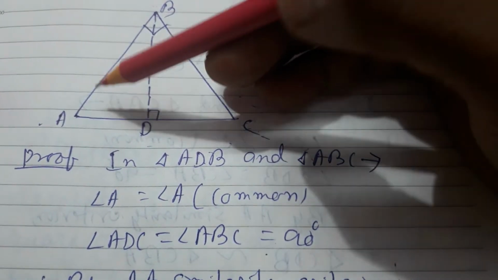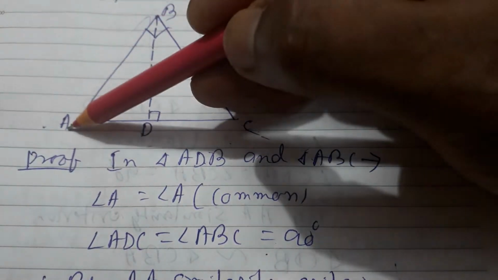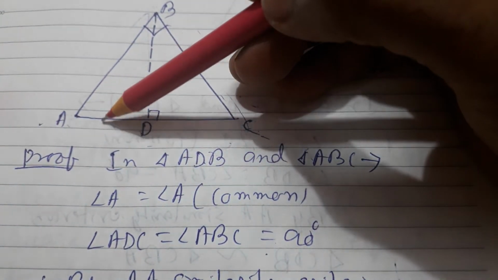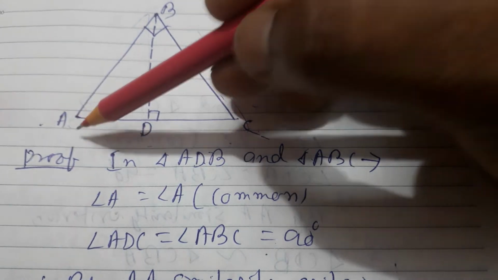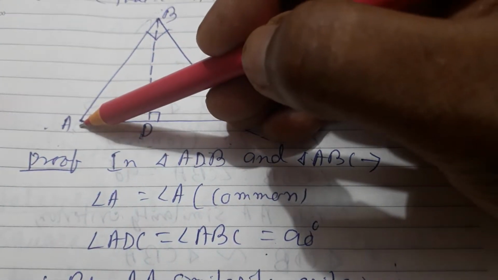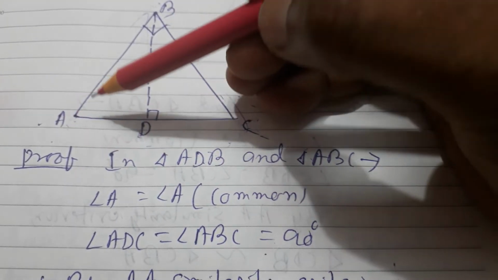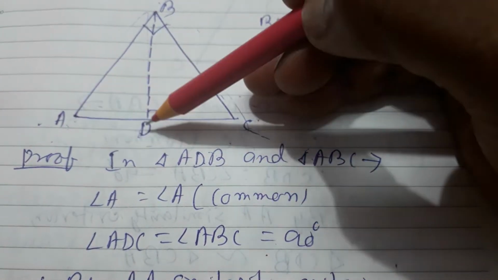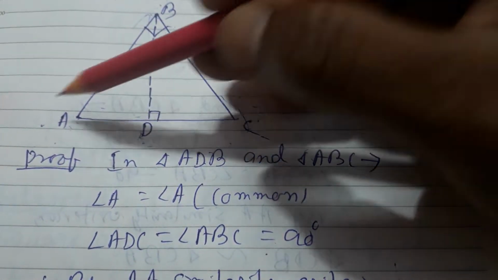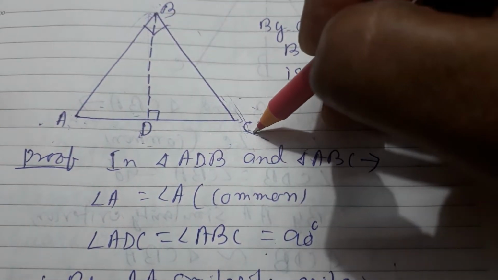Always remember one thing, you start from the common angle. This small triangle and this big triangle, you look, angle A is common. So you start from A, which is the common vertex. That will be easy. In the small triangle, angle ADB is 90 by construction, and in the big triangle, angle ABC is the right angle.